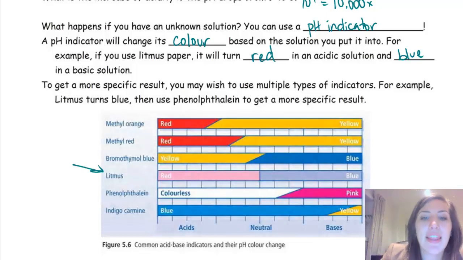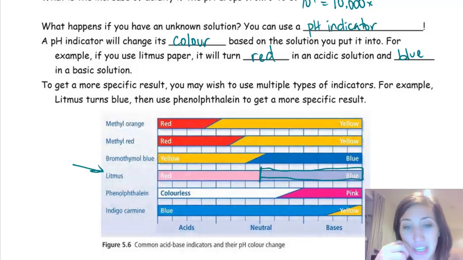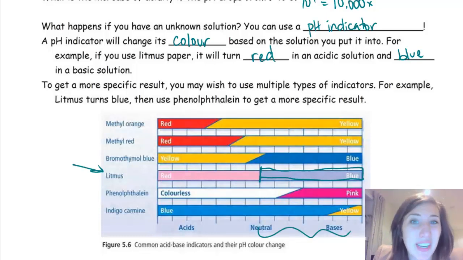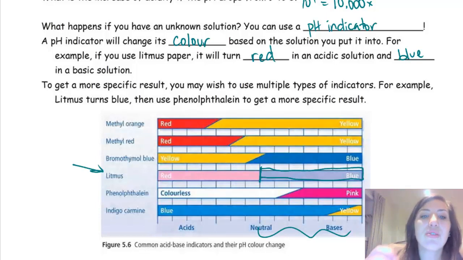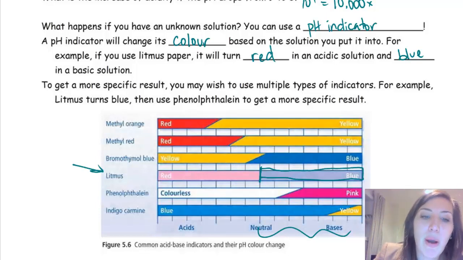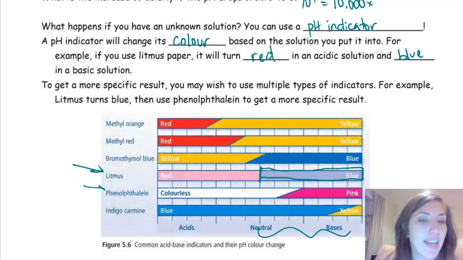So let's pretend that you put it into an unknown solution and it turns blue. Well, that's a huge range here between neutral and basic. You know it's basic, but is it basic like an 8 on the scale, or is it basic like 13? So you can use another indicator to narrow down your results. In this case, we'd probably want to use something like phenolphthalein or indigo carmine.